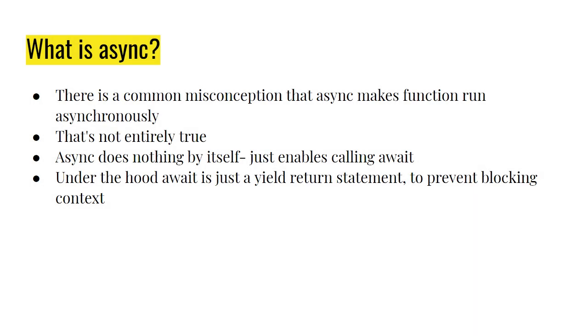So what is async? Basically something that doesn't get blocked. And what is async, the keyword? It allows await, it enables calling the await keyword. There's nothing more. Async by itself doesn't make code async. It simply enables await. You can have async without await, but that would be dirty because you don't utilize async.